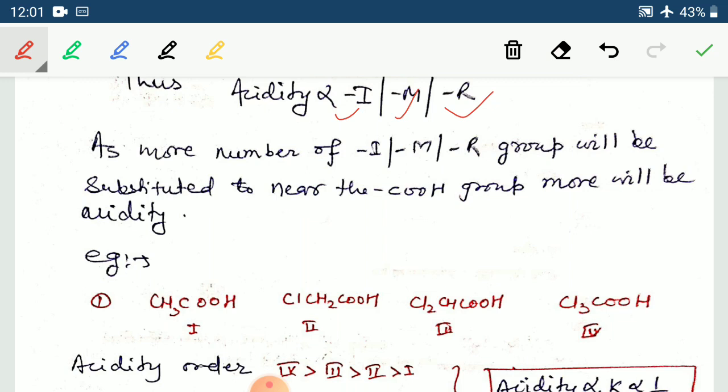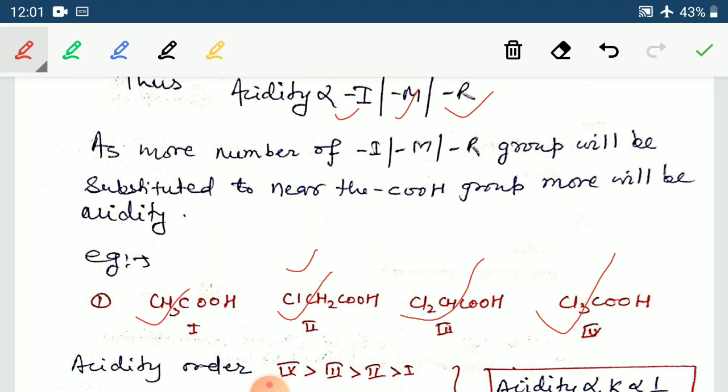Now let us see, this is without substitution, that is simple acetic acid. Here it is chloroacetic acid, here it is dichloroacetic acid, here it is trichloroacetic acid. In the case of trichloroacetic acid, there are 3 -I effects which will disperse electron density more as compared to 2, or here 1.